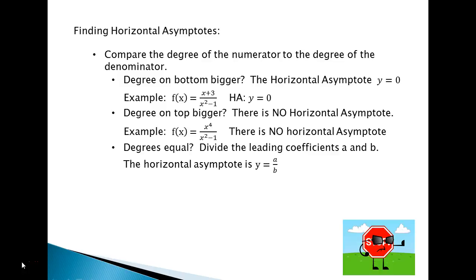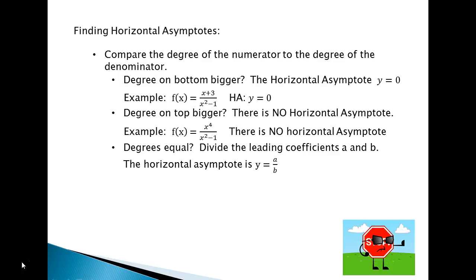Now let's talk about how to find horizontal asymptotes, since that's first in my suggested order. You will remember the rules that if the degree on the bottom is bigger, then the horizontal asymptote is always y equals 0. And don't forget to write that as an equation.